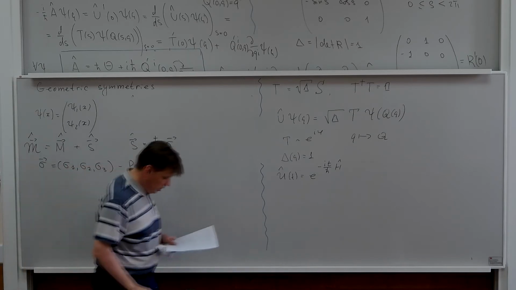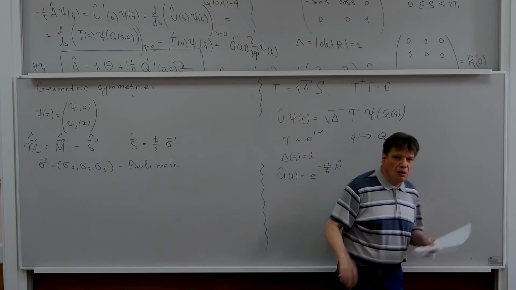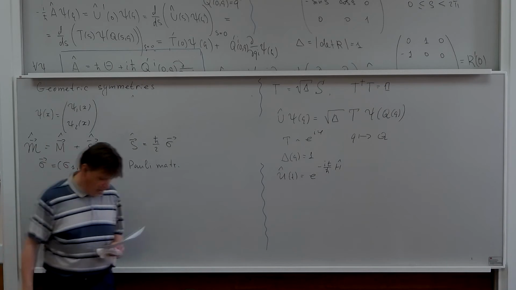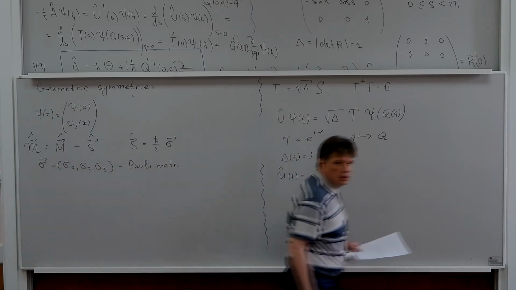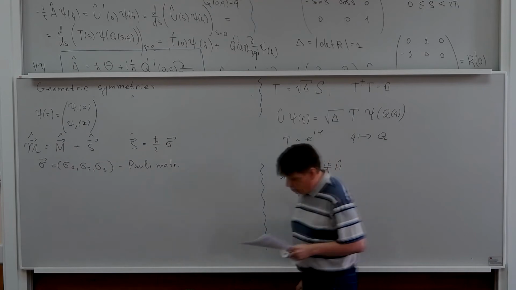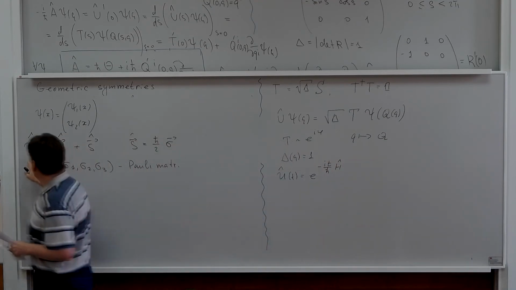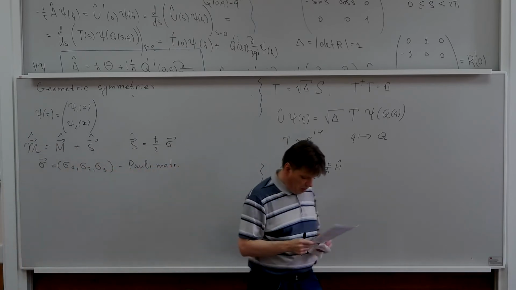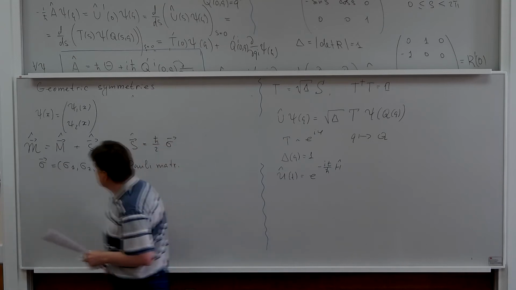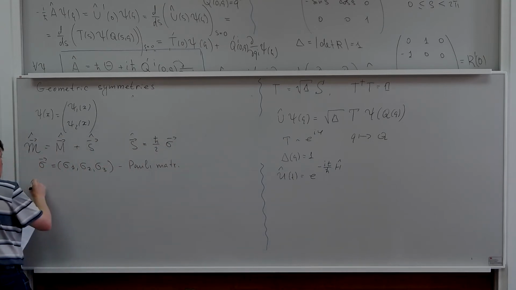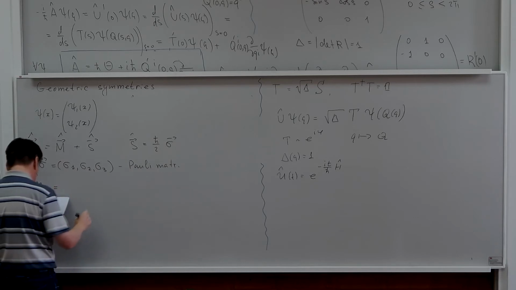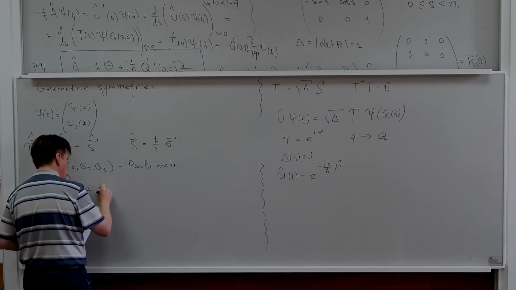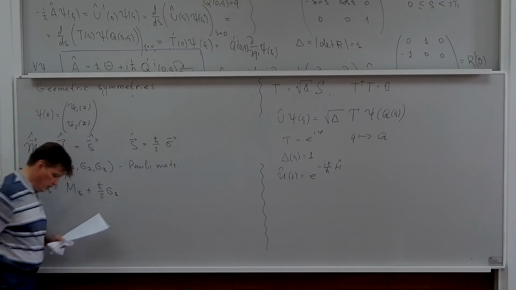In a more general situation where the particle moves in a central force potential, for example the Coulomb potential, and the spin-orbit interaction is taken into account, only the total angular momentum conserves. Let's consider the z component of the total angular momentum, which is just the sum of M3 plus ħ/2 sigma 3.